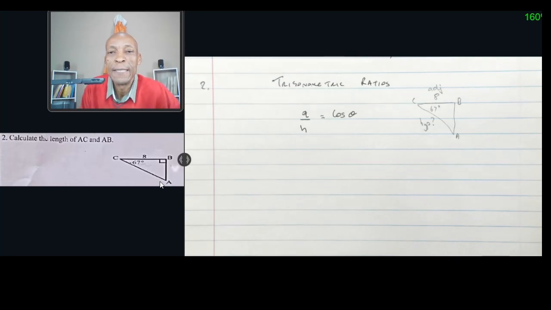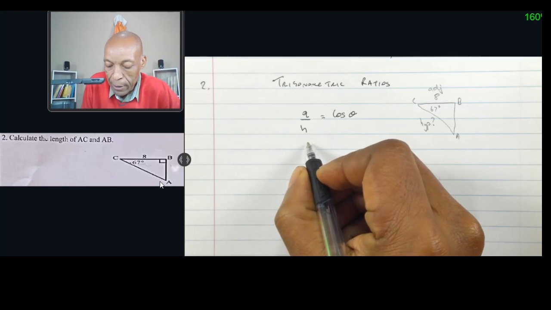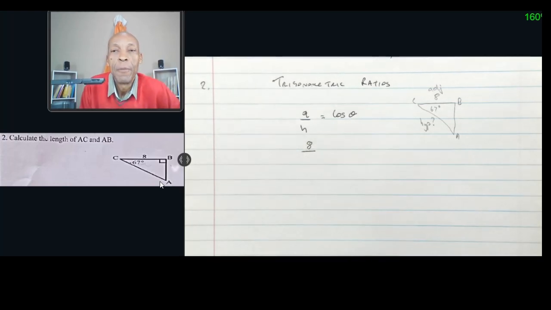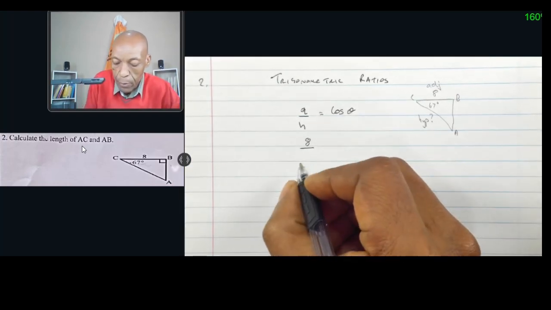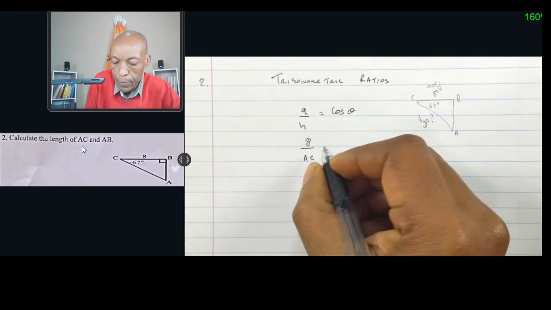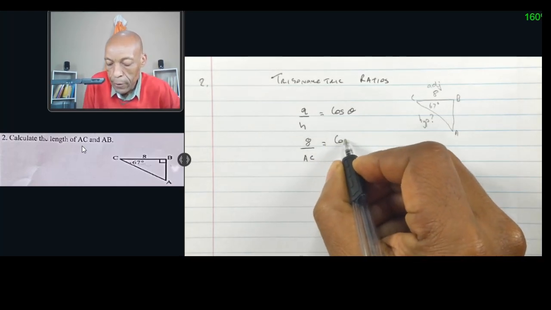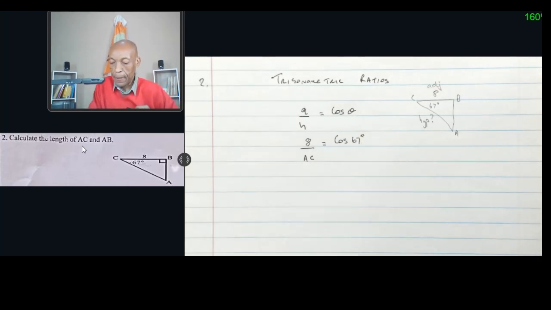So in this instance, what will I have? I will have my adjacent as 8. What do I have for my hypotenuse? I have AC. There it is. They said calculate the length of AC. So here I am going to have AC, then I'm going to have cos. Cos of what? Cos of 67. Okay.